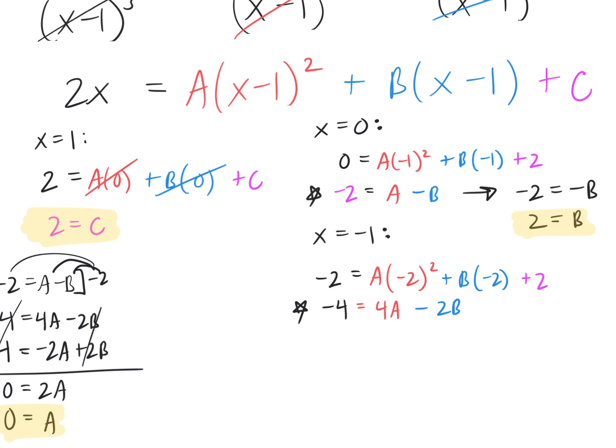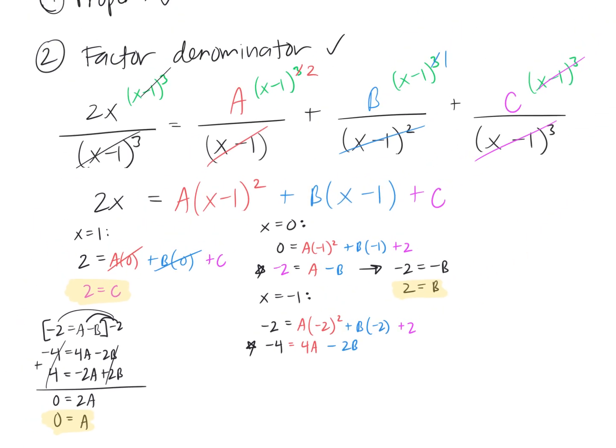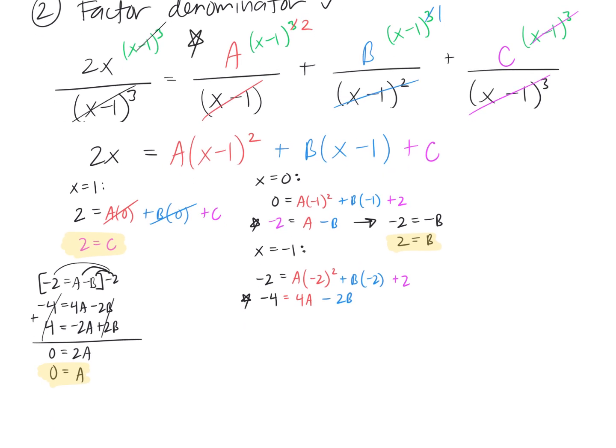Where are you at? So now all we have to do is plug our answers back in to my partial fraction decomposition, which is up here with my fractions, okay? So my answer would be A is 0, so it'd be 0 divided by x minus 1, which really, do I need that? No, I can cross that out.